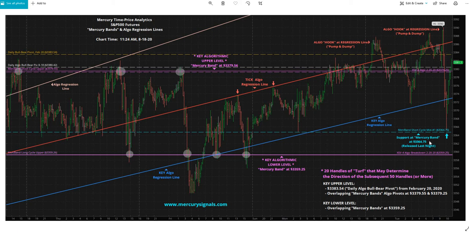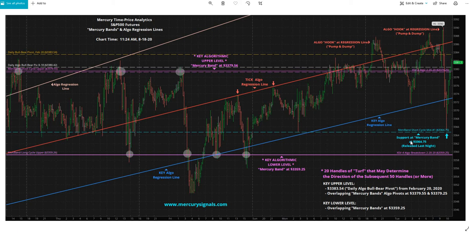Now, today's low came right at one of the Mercury bands, and most of your daily highs and lows will come at these Mercury bands. It is the coolest algo, and we run this the night before. We run this after the full close at 5 p.m., so between 5 and 6 p.m. we're running these algos. We put it out for our members before Globex opens.